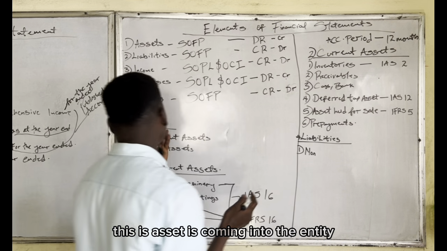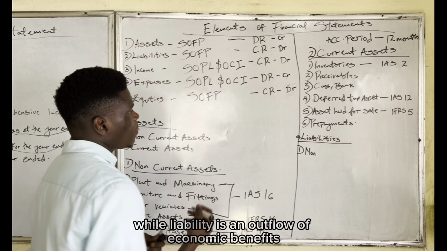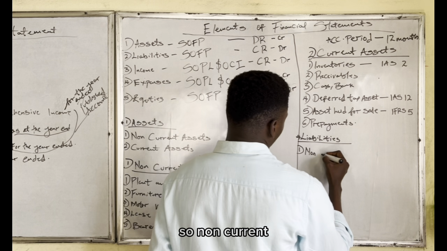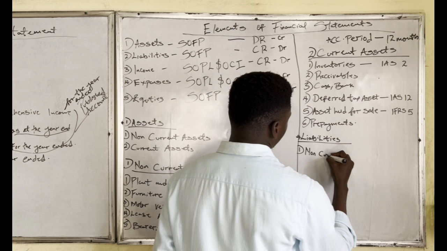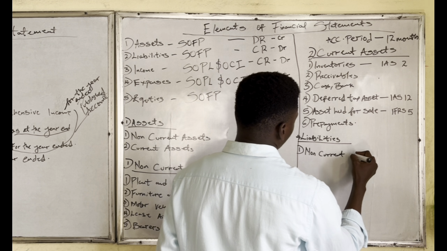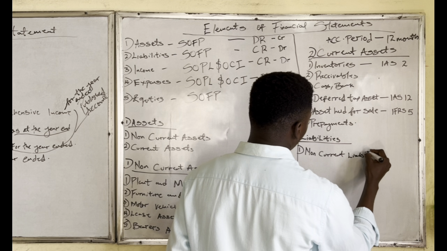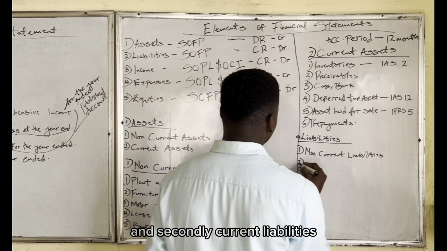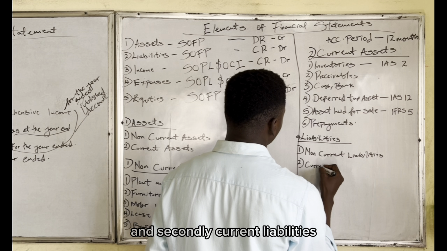This is asset is coming into the entity, while liability is an outflow of economic benefits. So non-current liabilities. And secondly, current liabilities.